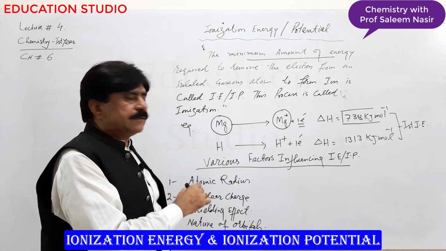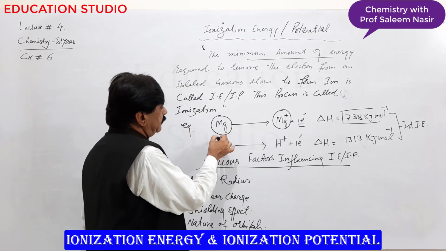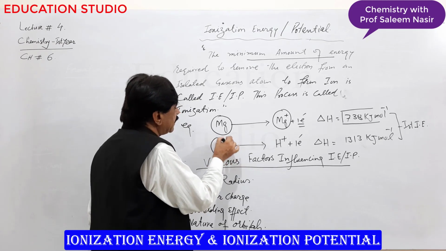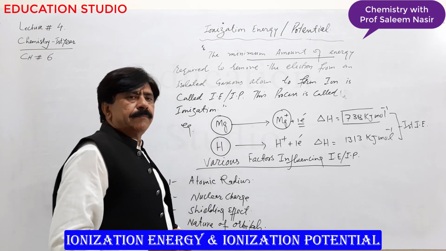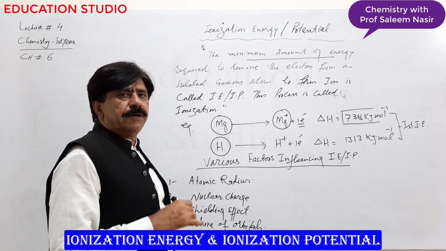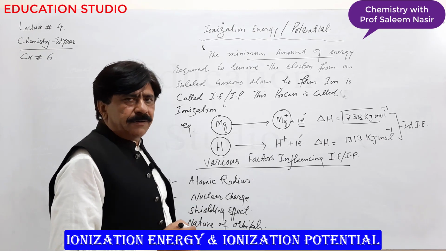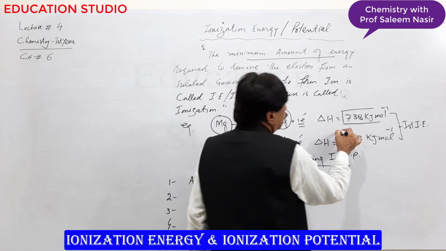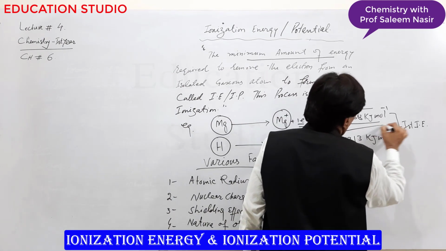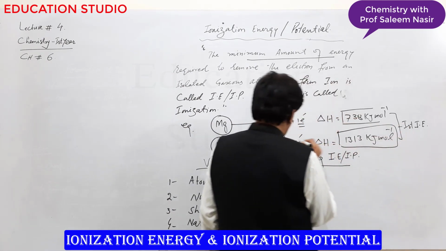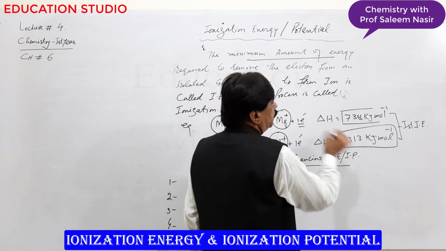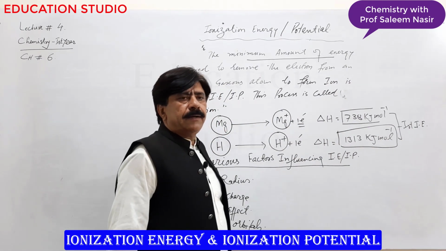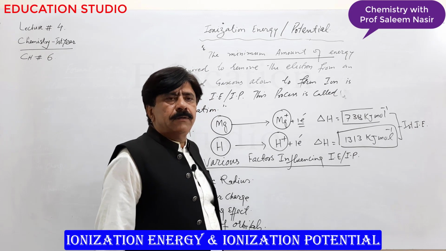Similar is the case when an isolated gaseous hydrogen atom is taken and we remove the electron from that atom. The energy required to form the positive hydrogen ion is 1313 kilojoule per mole.